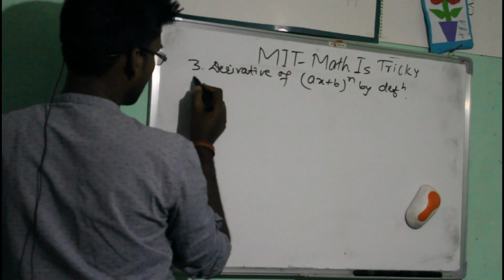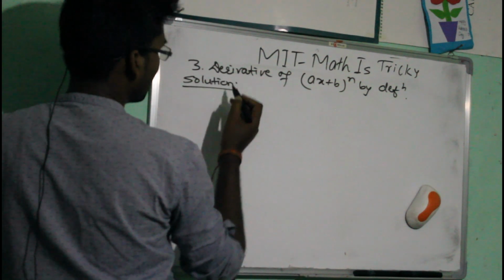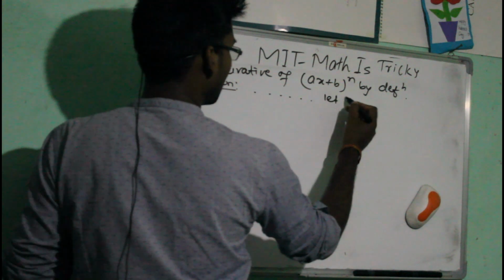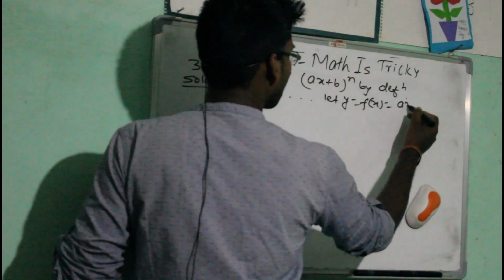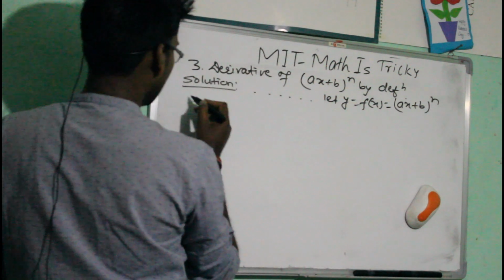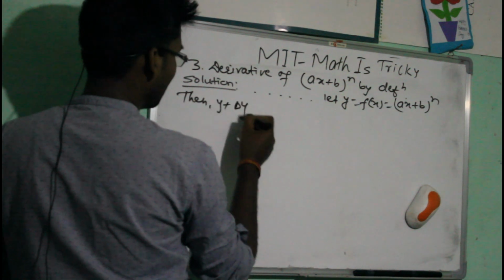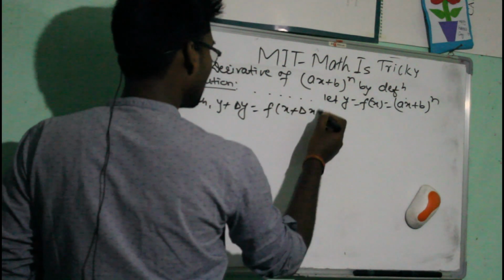Again, write the solution and the language by yourself, and then write: let y equals f of x equals the given function, ax plus b power n. Then y plus delta y equals f of x plus delta x.